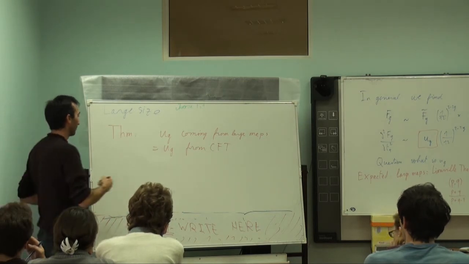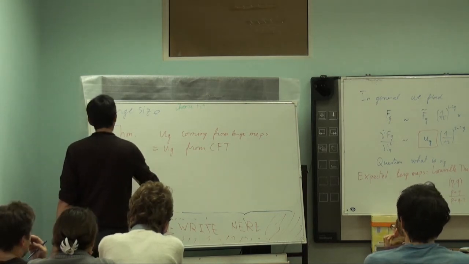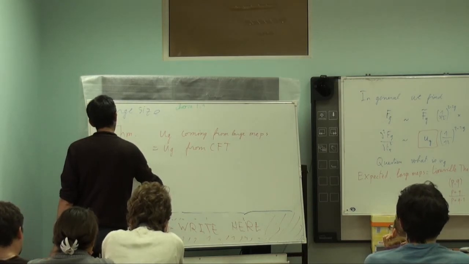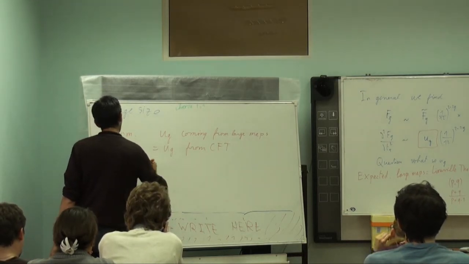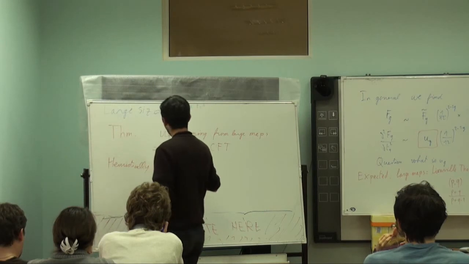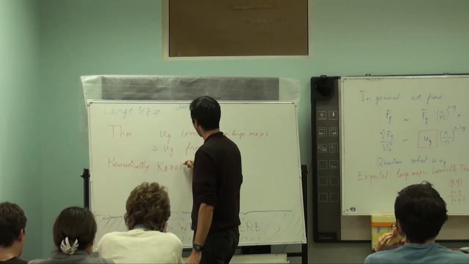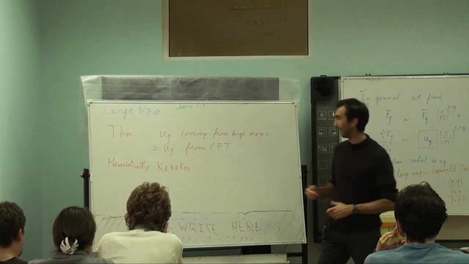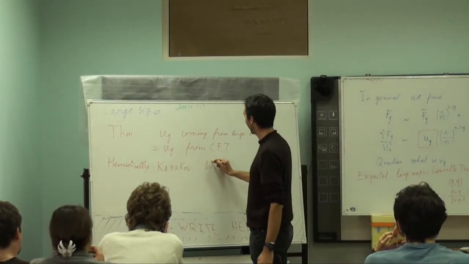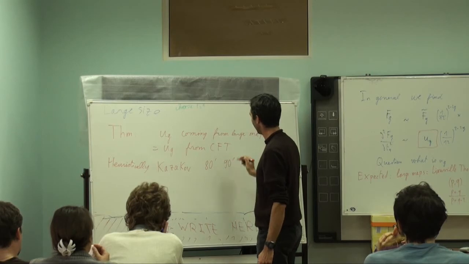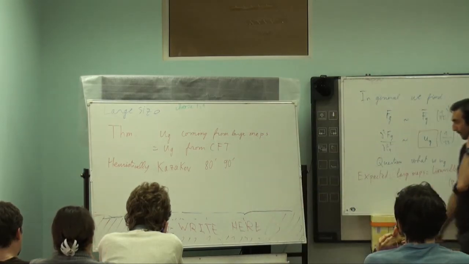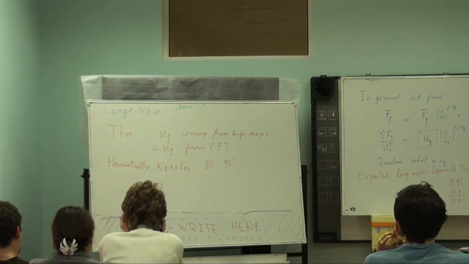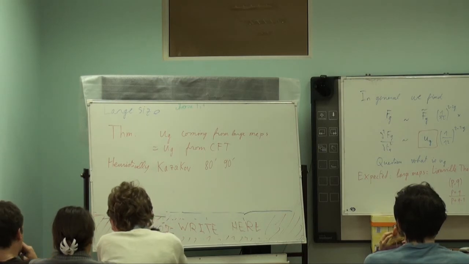So this was done heuristically. I think it was Kazakov. I don't remember. It was the late 80s and 90s. In fact, Kazakov was deriving that from matrix models.